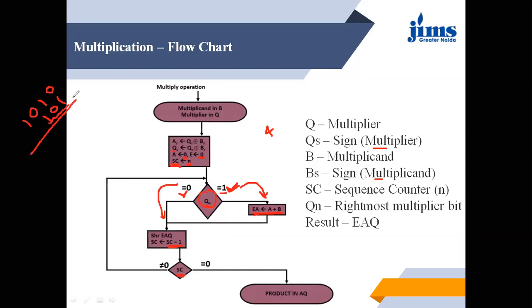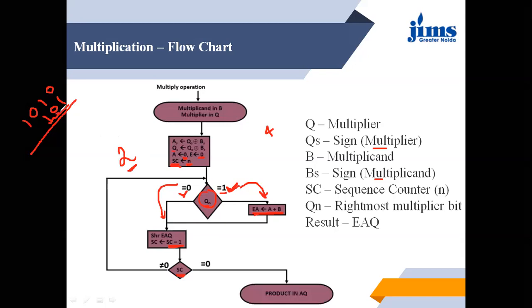When I multiply with the first 1, the SC decreases by 1, so it is 3 minus 1, that is 2, meaning I have to multiply 2 more times.